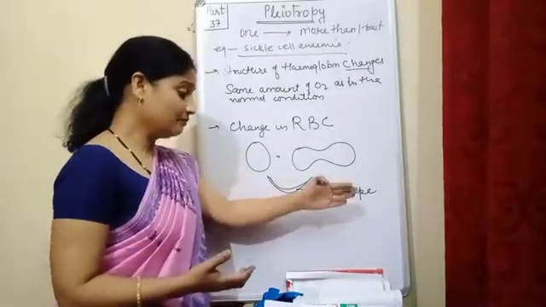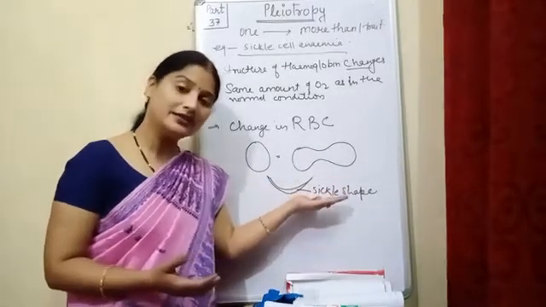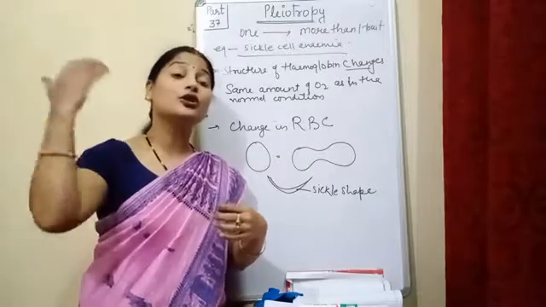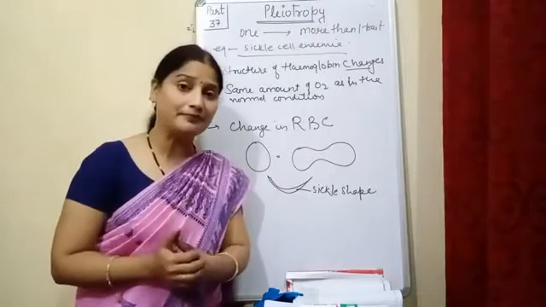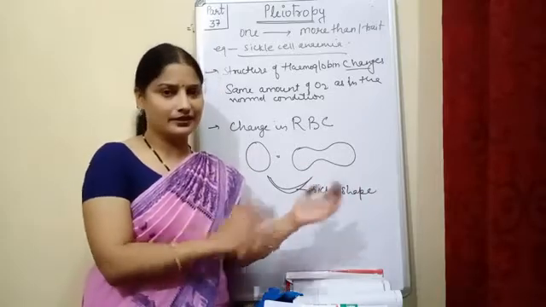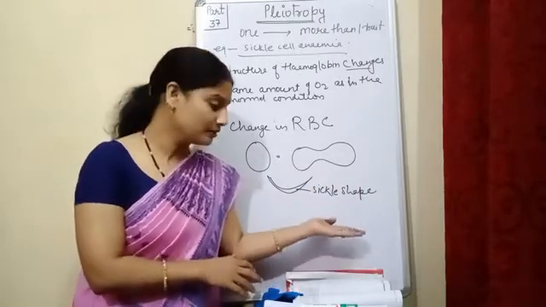How do they die? Because in the homozygous condition, the person is not able to carry the oxygen for a longer time. Clear? But the heterozygous person can survive, unlike the homozygous persons.